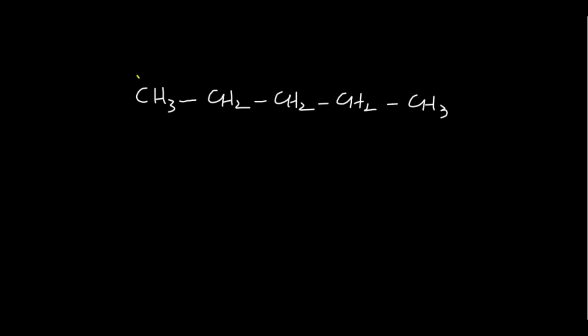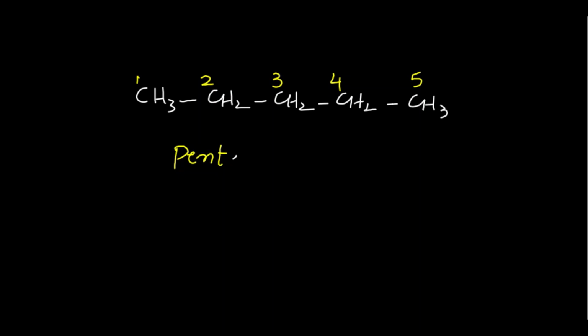We do the numbering: 1, 2, 3, 4, 5. There are 5 carbon atoms. So we use the term pent. Penta means 5. 5 carbon atoms are there.